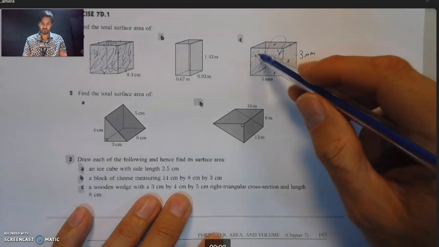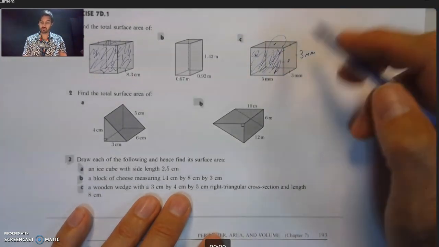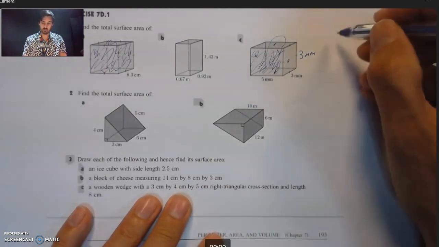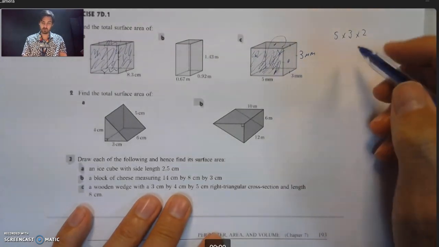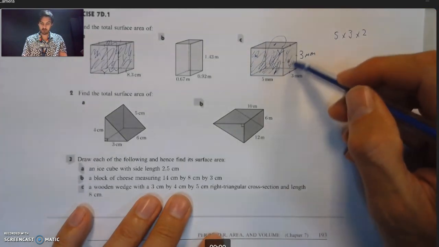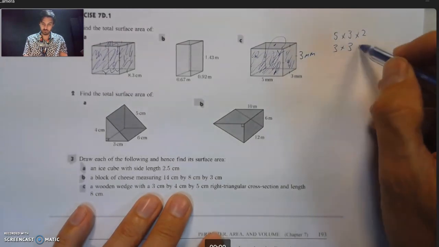So this front face here is 5 by 3, and because it's a rectangular prism, there is another 5 by 3 face on the opposite side of that solid. So I'm going to do 5 by 3 by 2 because there are 2 of them. I'm then going to go to the side, which is 3 by 3, and there are 2 of them again.